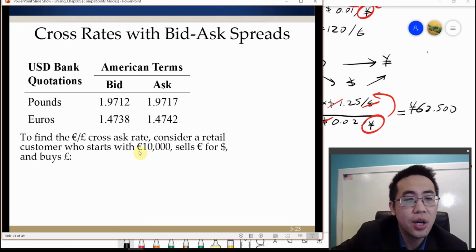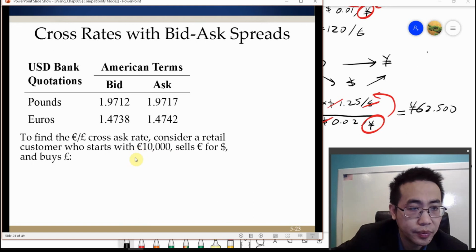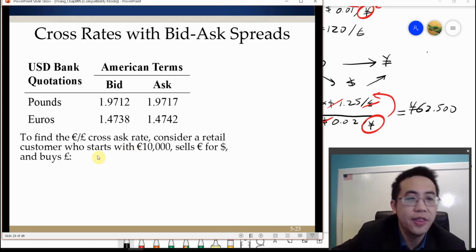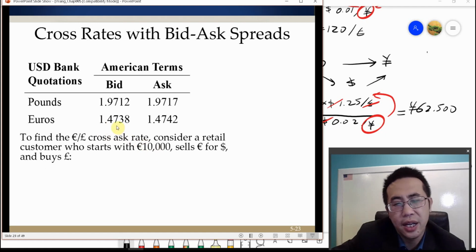Okay, and when you buy pounds, you're going to use euros. So you're going to start with 10,000 euros to be converted to US dollars and then converted to British pounds. So what you do here is you sell the euros. So 10,000 euros will go by this 1.4738 dollar per euro.